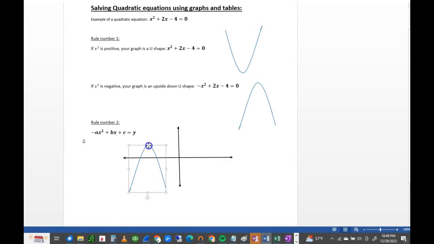However, if it doesn't touch the x-axis, there is no solution to this equation. Now, if it barely touches it, just like this, there's only one solution. Well, there's actually two solutions, but they're both the same number, so we call it one solution.